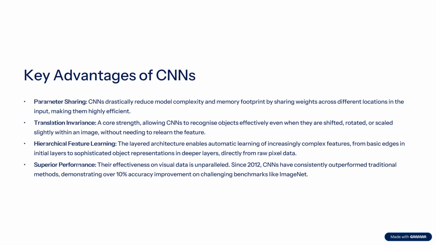Since 2012, CNNs have consistently outperformed traditional methods, demonstrating over 10% accuracy improvement on challenging benchmarks like ImageNet. There are many more advantages of convolutional neural networks which are not mentioned here.